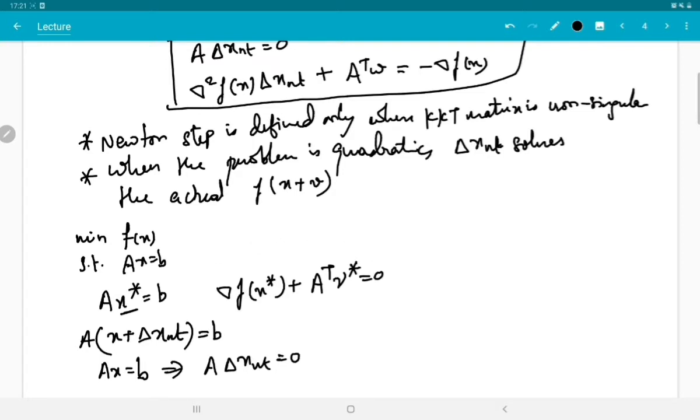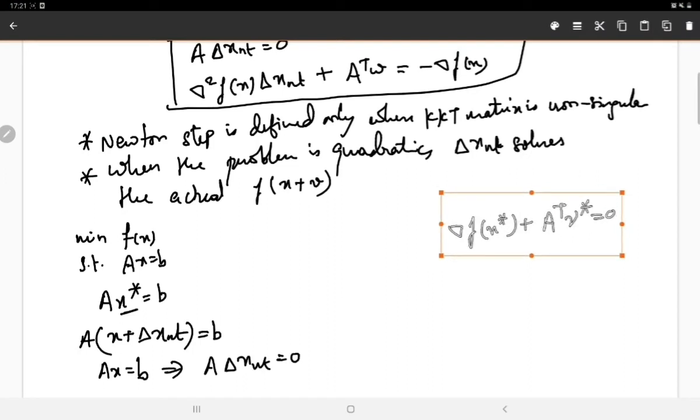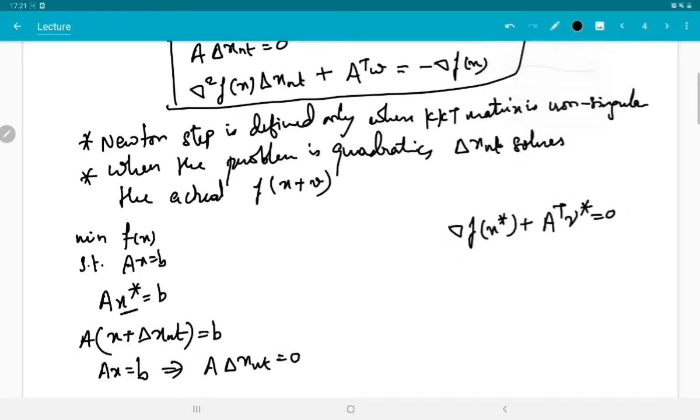So we replace, let me write this here, x star by x plus delta x_nt.